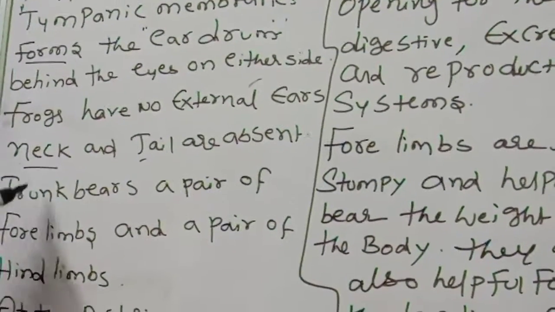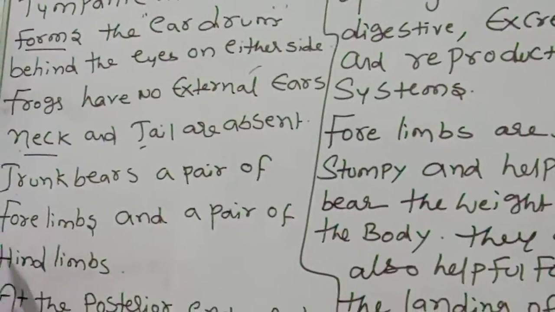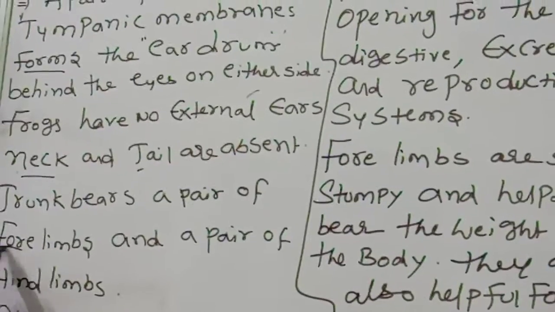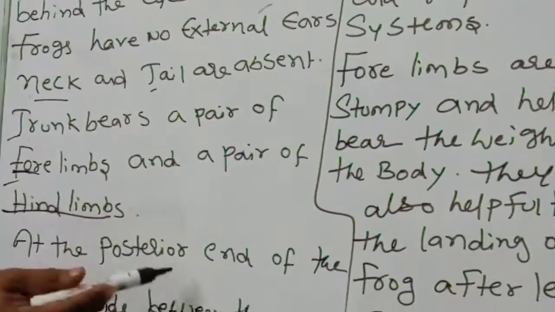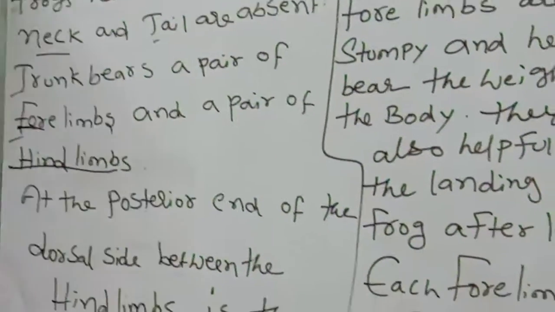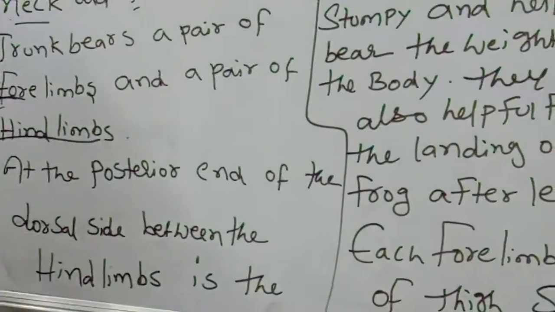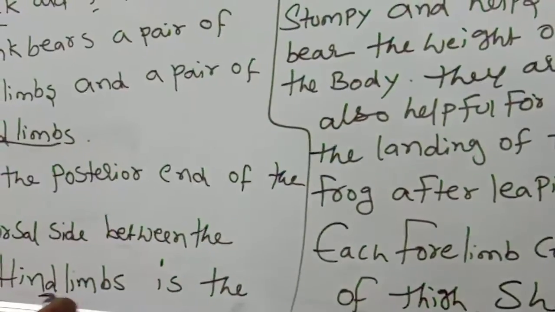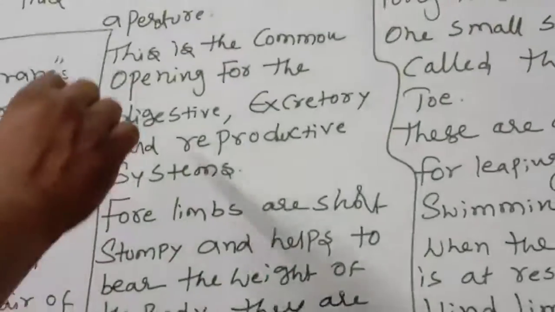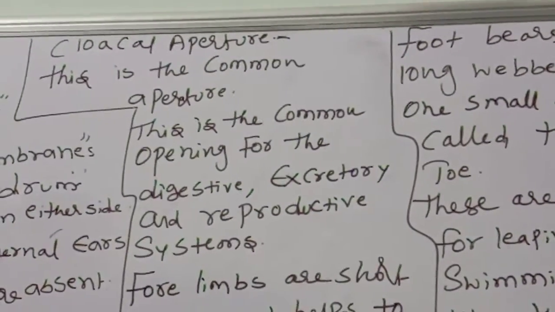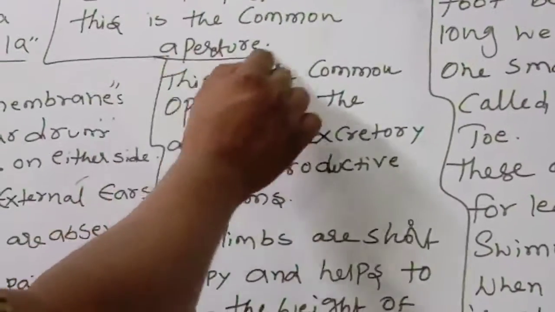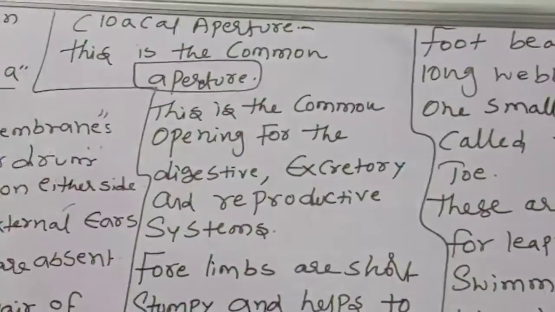Only the trunk is there. The trunk bears a pair of forelimbs and a pair of hind limbs. At the posterior end, not anterior, posterior end of the dorsal side between the hind limbs is the cloacal aperture.